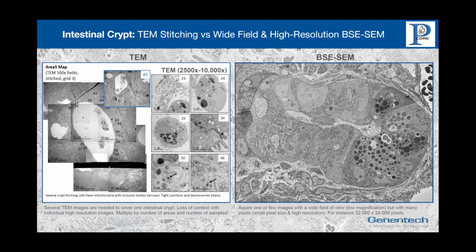The problem is then when you collaborate, you have to show your collaborator on one hand that you photographed the right area, so you need an overview. But on the other hand, many questions need high magnification. So for instance, here the visualization of desmosomes and tight junctions or mitochondria. Therefore, you need high resolution and usually have a small field of view.